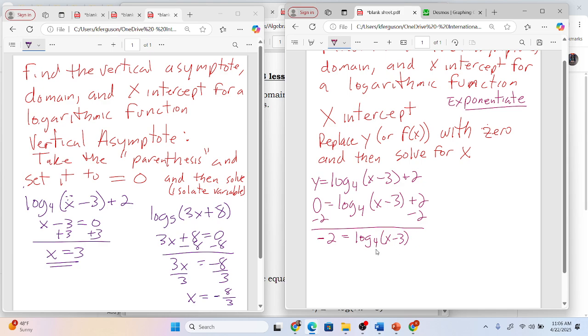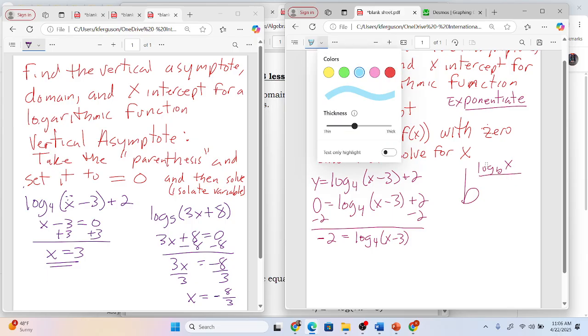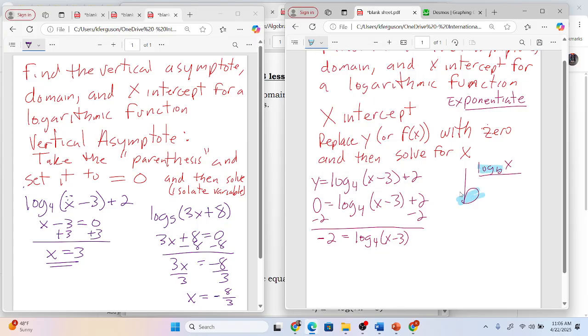The way I'm going to do that is by using this rule that we did some time ago. If we have log of some base of x and we exponentiate, which means we make it an exponent, this part and this part cancel each other out, and all I'm left with is what I'm taking the log of, the x.